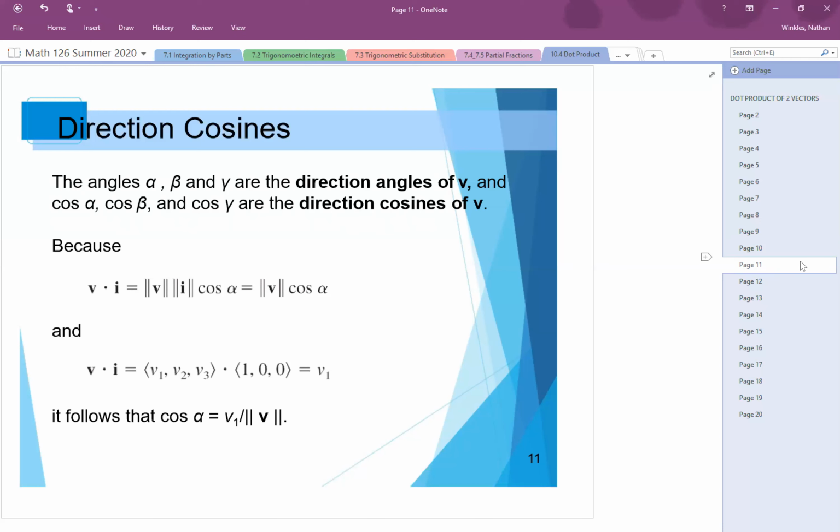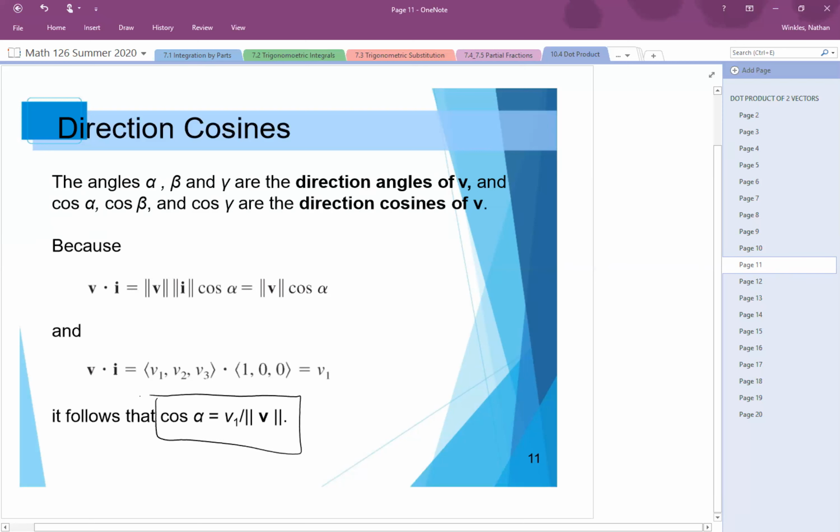And we know this because v dot i is (v1, v2, v3) dotted with (1, 0, 0), which is just v1. So it follows that cosine alpha is equal to v1 divided by the magnitude of v. That would be our direction cosine for alpha.